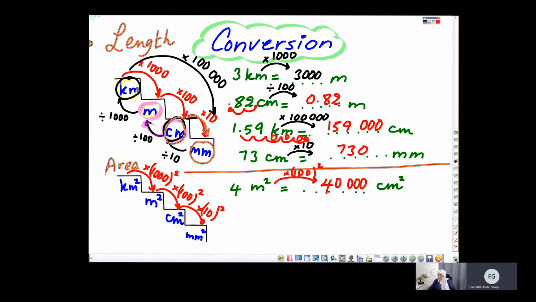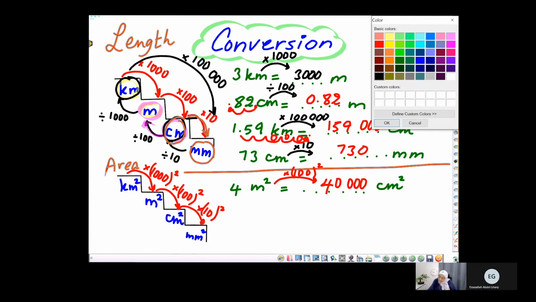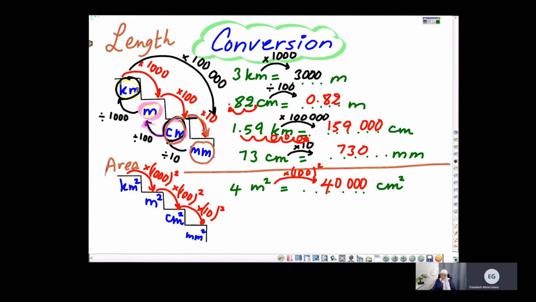If you didn't understand the example of multiplying by 100 but squared, we'll do another one which will need division.